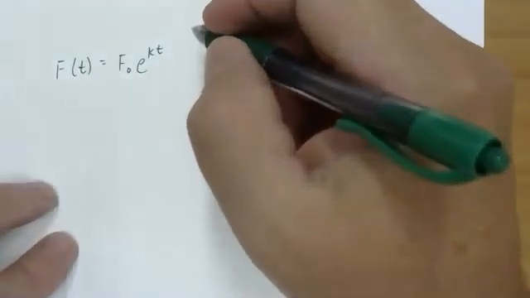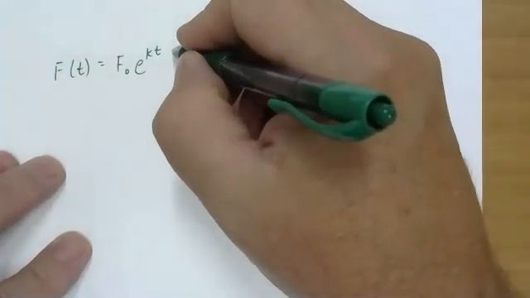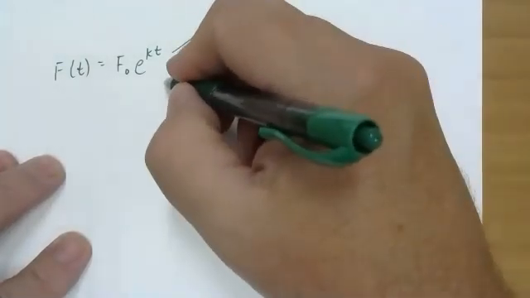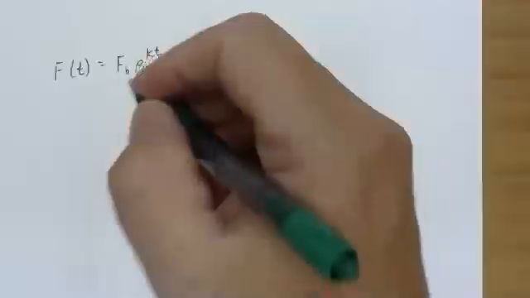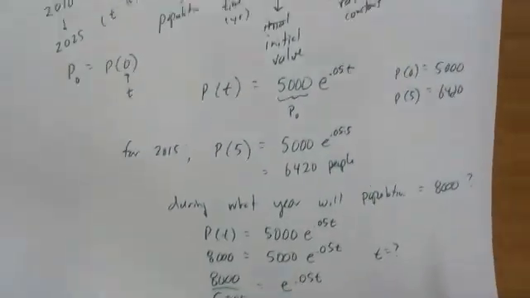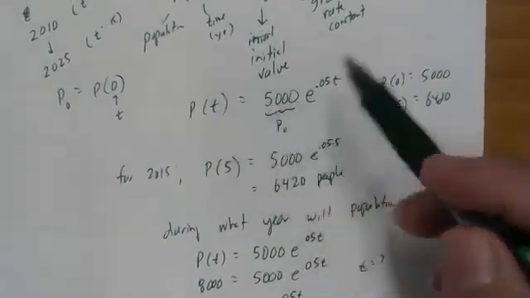Now with this function, actually two things can happen. You might have a situation like we just talked about. Our example here was population growth. We called it growth because the population was growing.